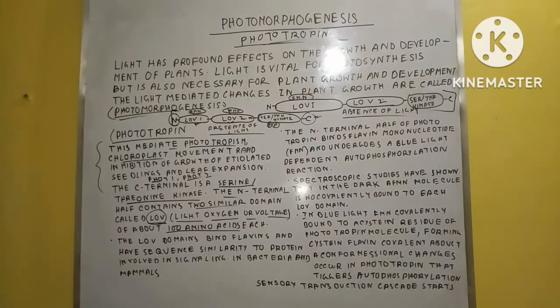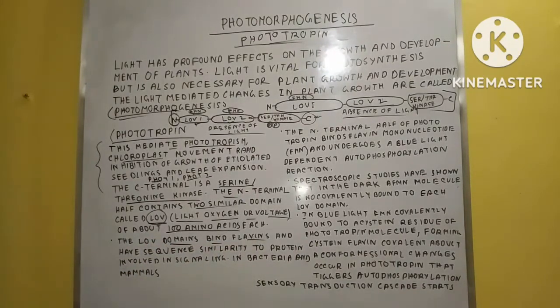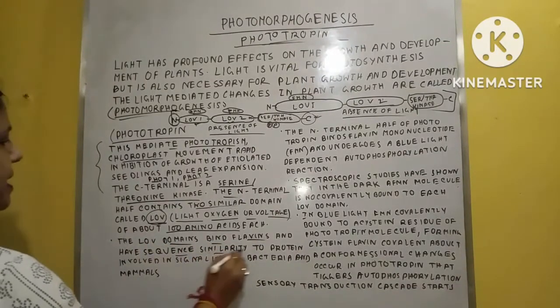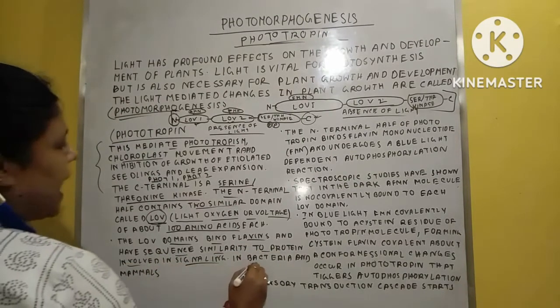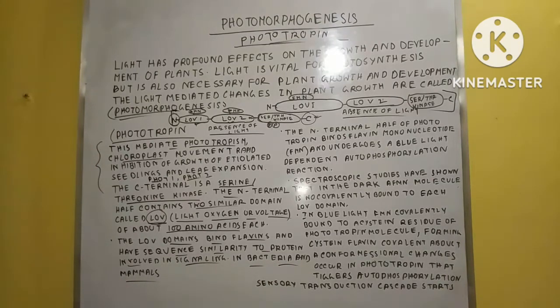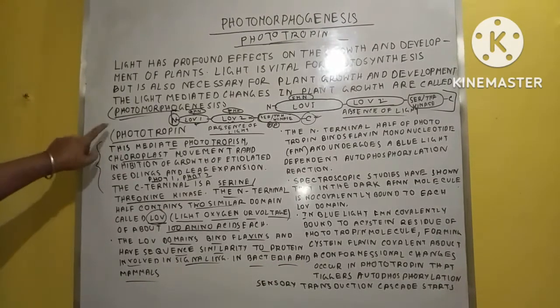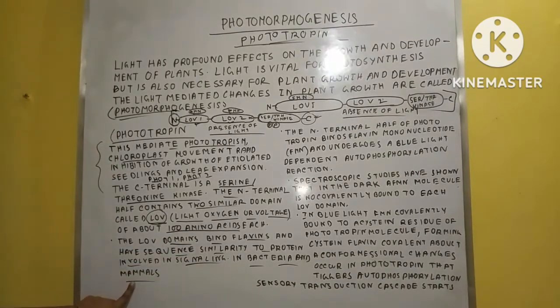So what happens during activation? These domains bind to flavins and have sequence similarity to proteins involved in signaling in bacteria and mammals. So this pigment is seen in bacteria and also some mammals.